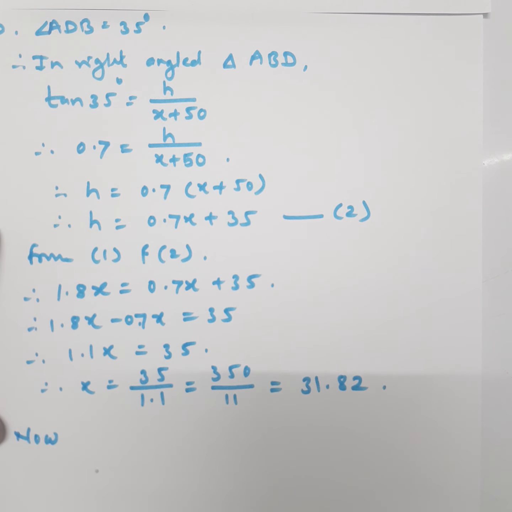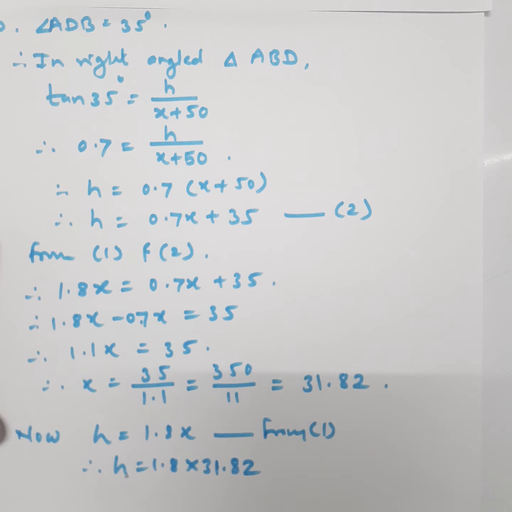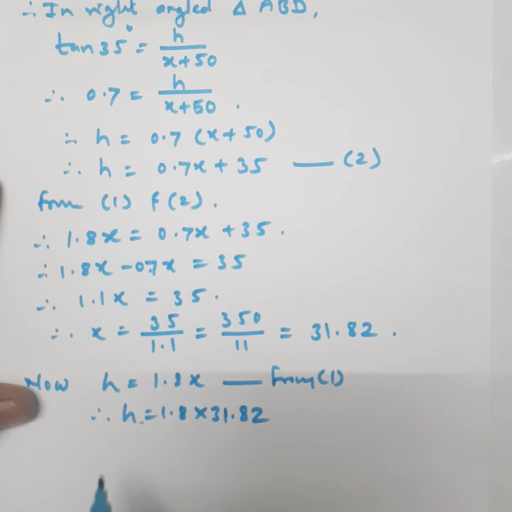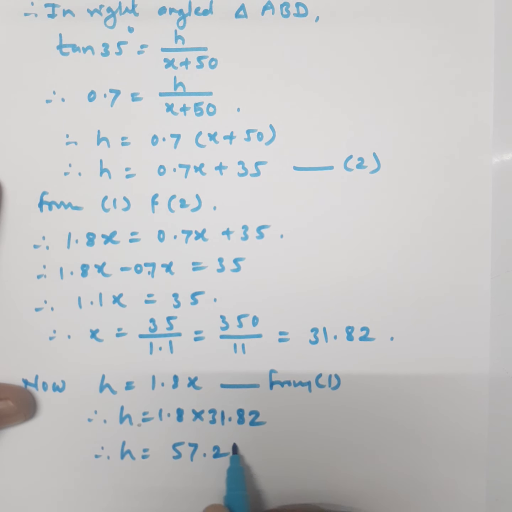Now we saw in the first equation that h is equal to 1.8x from 1. Therefore h is equal to 1.8 into 31.82. You can multiply and find the multiplication value.